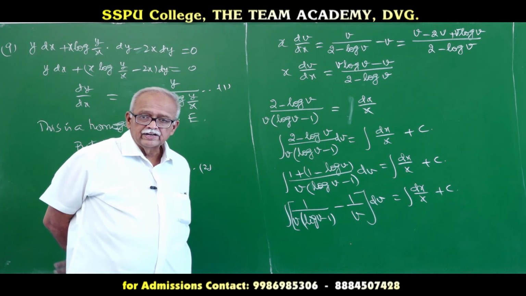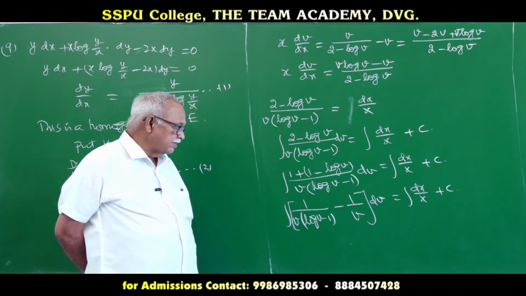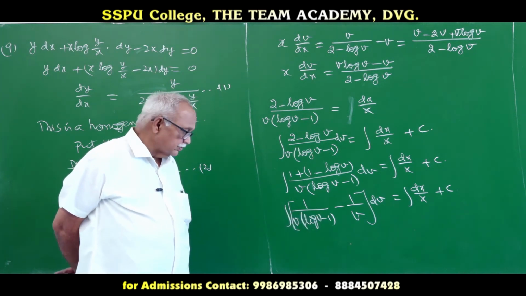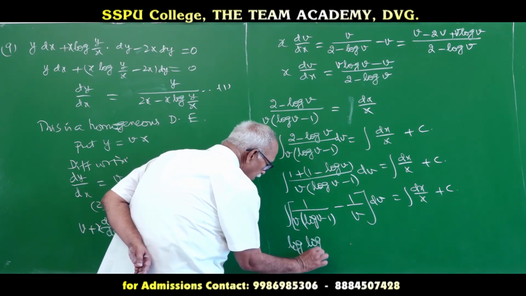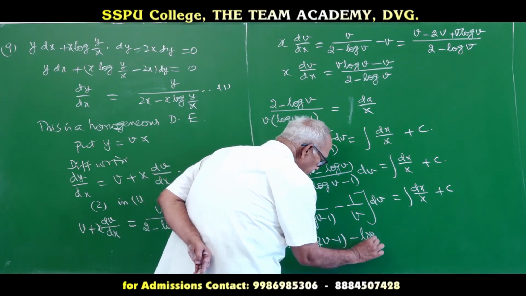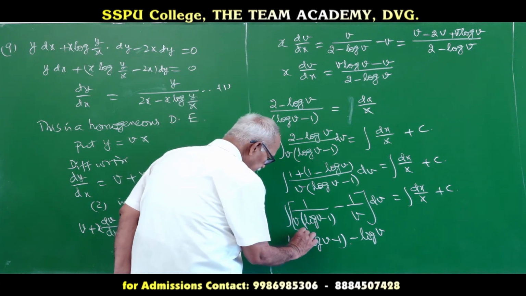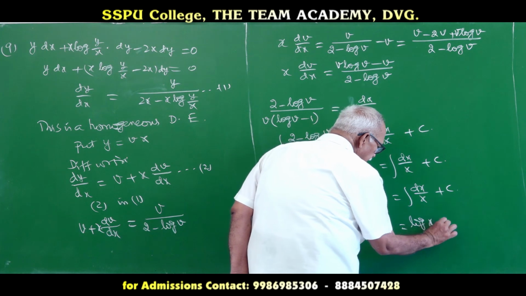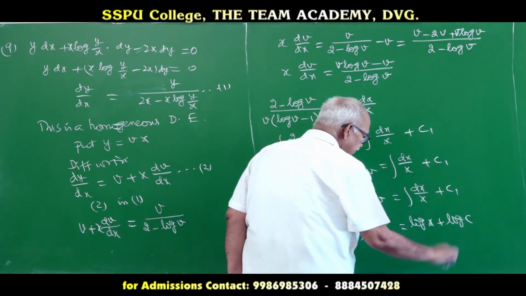Now we have to integrate this. For this integration, 1 by v dv is there. So log v minus 1 we can take as substitution. So here you get log of (log v minus 1) minus log v is equal to log x plus, write it as log c.